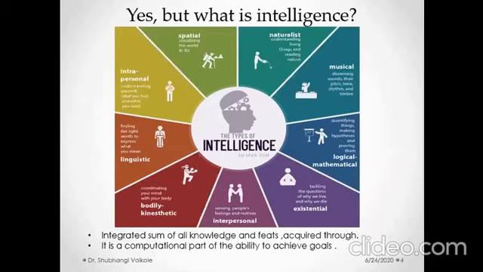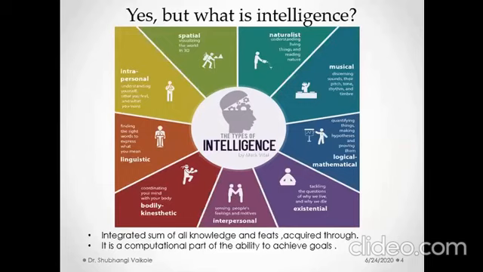Then linguistic: finding the right words to express what you mean. We are able to express our feelings with the help of words or language. Then intrapersonal: understanding yourself, what you feel and what you want. So we are able to coordinate between them. Then spatial: visualizing the world in 3D. So these are the different areas of intelligence.